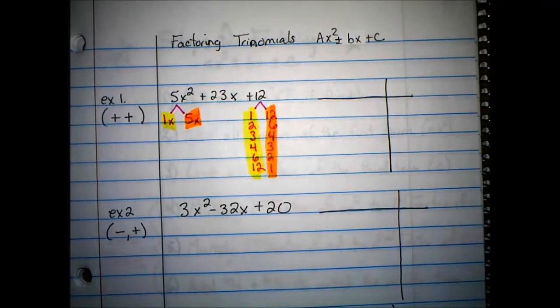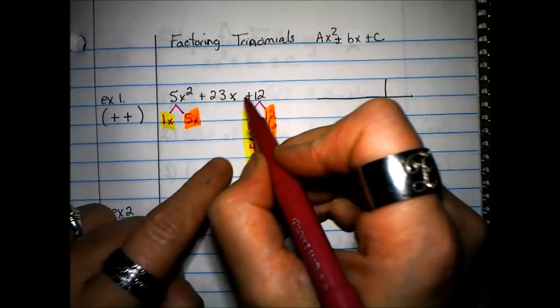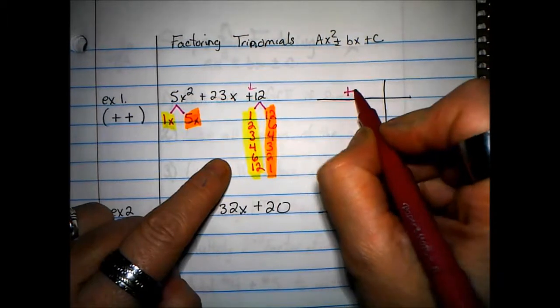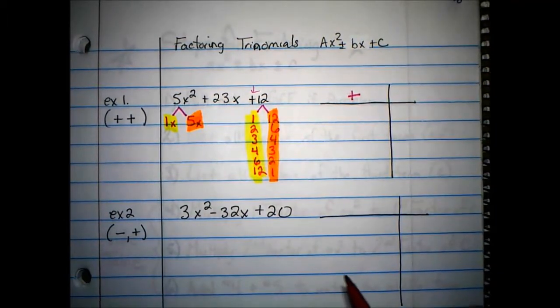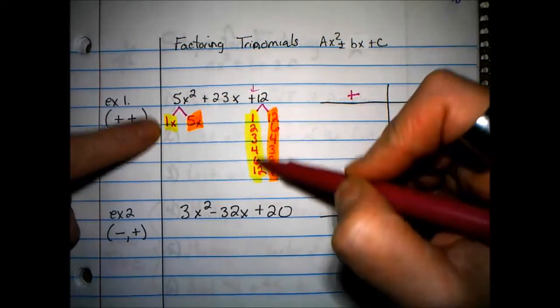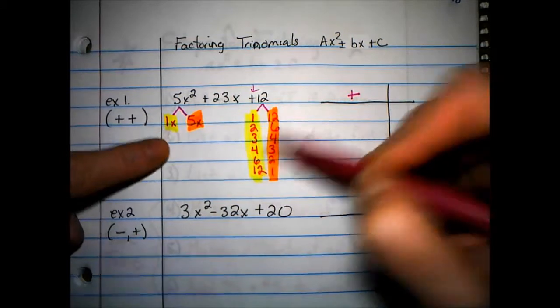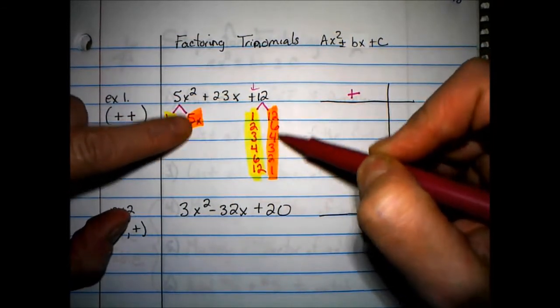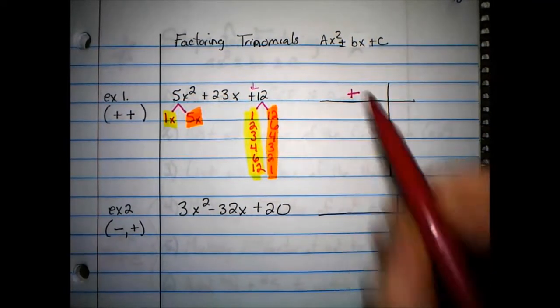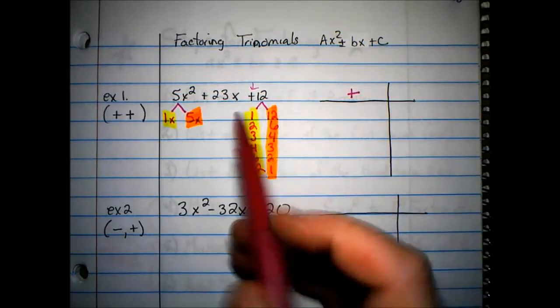It's very, very important that I'm looking at those columns, because now I'm going to go to the table, and this tells me I'm adding my terms, and what I'm going to do is multiply my first columns together, and I'm going to multiply my second columns together, and then add them up to see which ones add to the middle term.